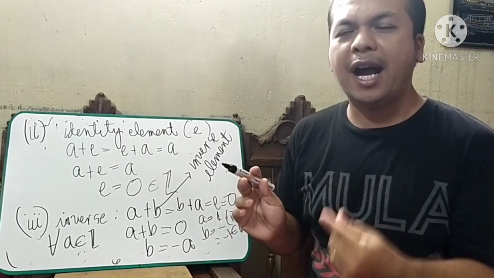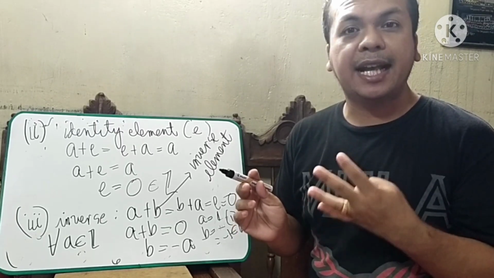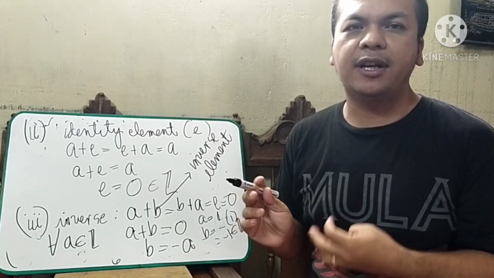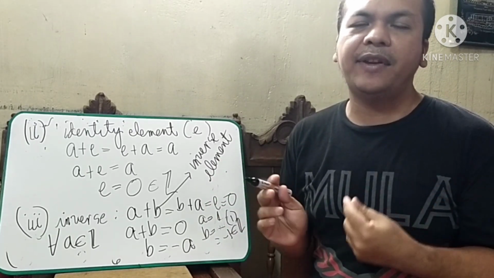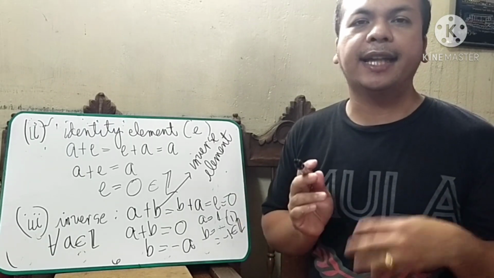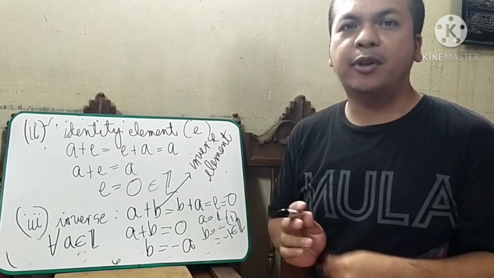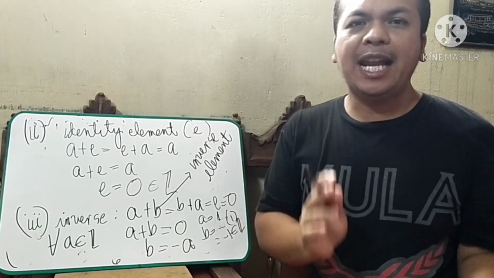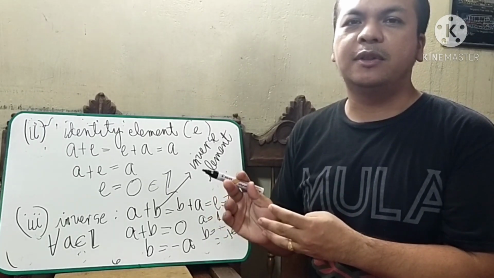So 1 is negative 1, 2 is negative 2, 3 is negative 3, 4 is negative 4, and so on and so forth. So 0 has an additive inverse of 0. Negative 1 is positive 1, negative 2 is positive 2, negative 3 is positive 3. Because when you add the element and its inverse, the sum is equal to 0.